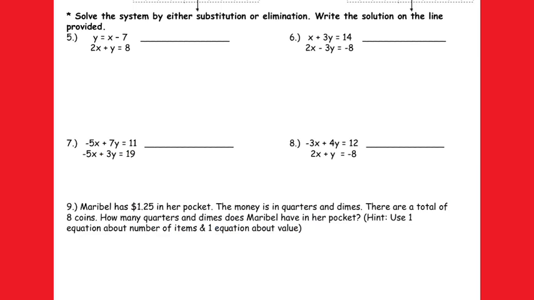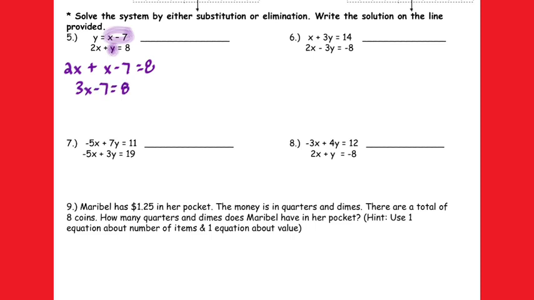So then we look at solving by any method we want. Substitution, elimination. As you guys know, my favorite is elimination, but on number 5, it is set up to solve by substitution. So I substitute the y value into the second equation, and this gives me the freedom to solve for x because there's only one variable.